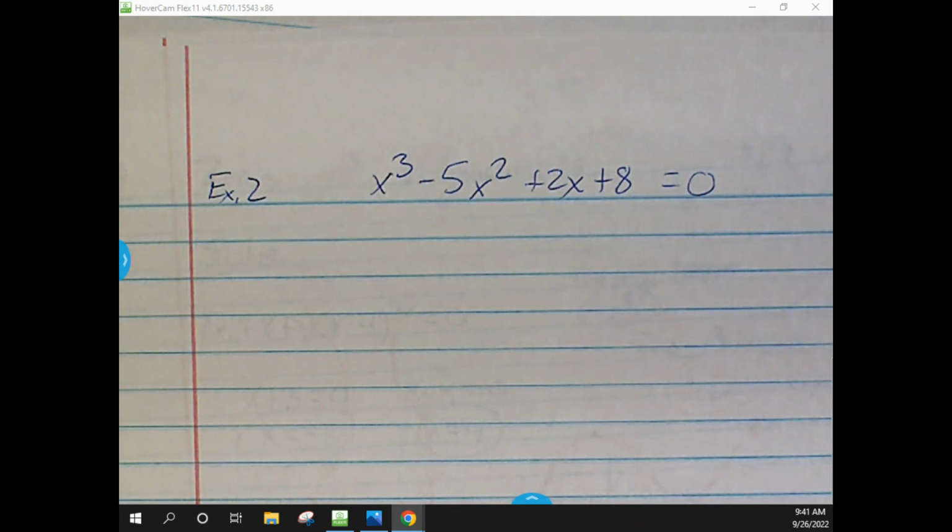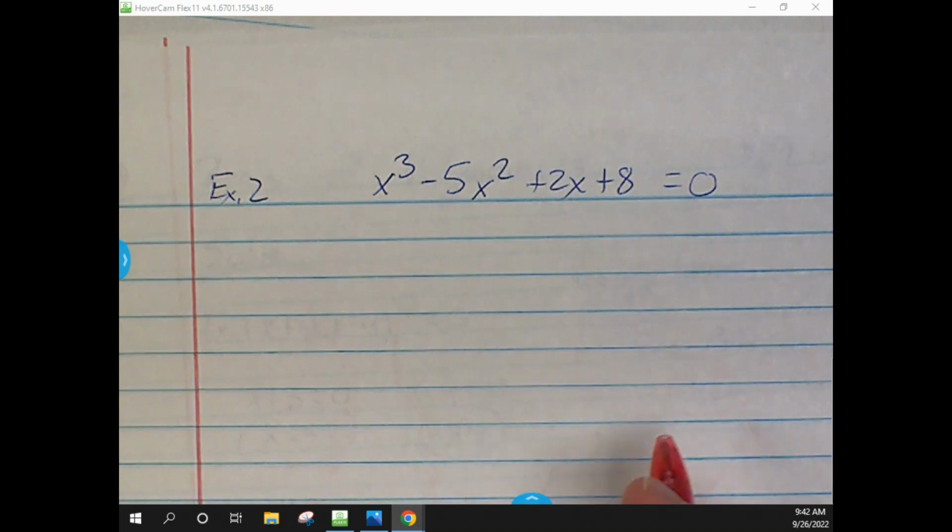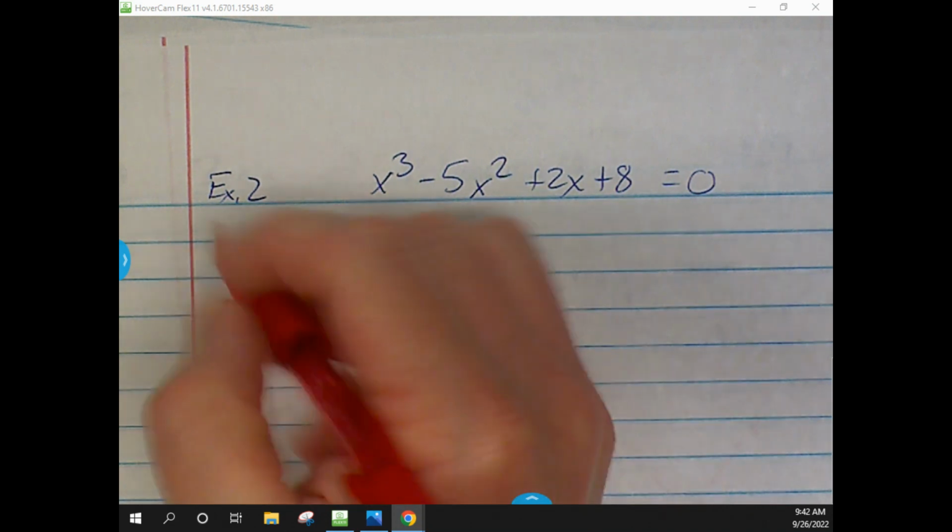So if factor by grouping doesn't work, what do we have to do then? Now we're going to check our P's and our Q's, right? So if factor by grouping doesn't work, we have to do guess and check with long division or synthetic division. So in this case, that means we've got to find all the possible factors.